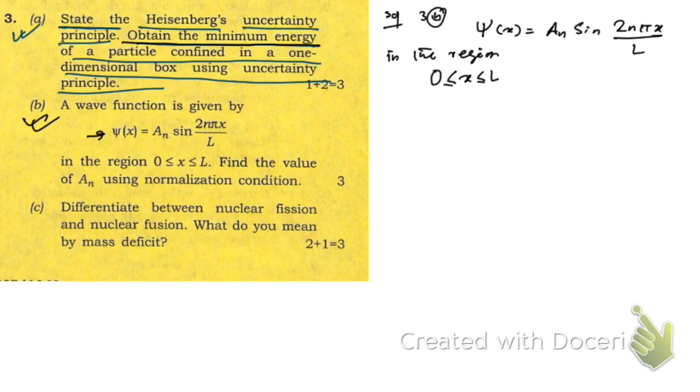So here what we're going to do is use the normalization condition. Outside this region, the value of this function is 0.